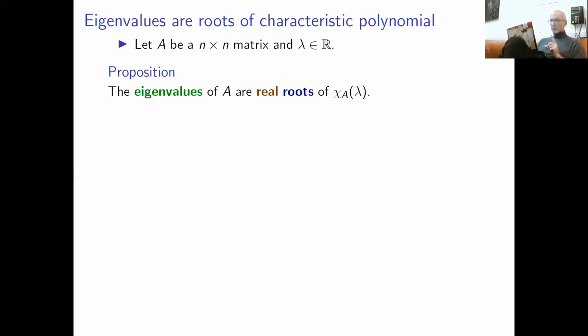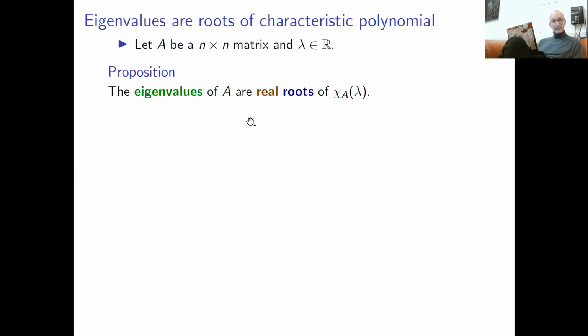So here is the important point that of the roots of the characteristic polynomial, only real roots correspond to eigenvalues in this part of the lecture. If you consider the complex world, complex vector spaces, complex matrices, then we will see we are going to have the same result for all the roots. But now, in this lecture, only for real.